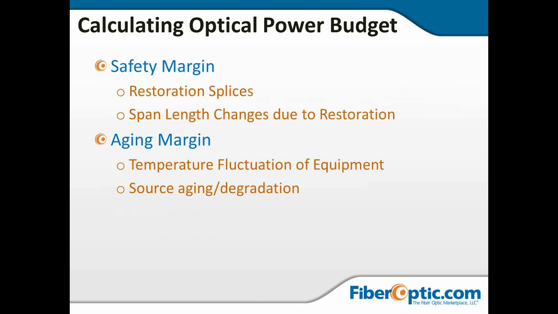We want to throw in a safety margin. How many restoration splices might we need? Span length changes due to restorations. That could be, if you've got slack out in the field and it's accessible, you might lose some of your fiber length by cutting out a bad part and using retrievable slack in the field.